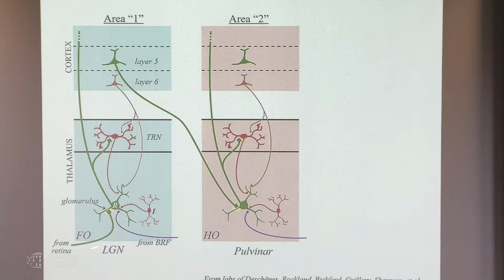Another way of looking at it is the first-order relays get their information from subcortical sources, from retina, from the medial lemniscus if it's somatosensory, from inferior colliculus if it's auditory, whereas the higher-order relay gets its driving input not from a subcortical source, but from layer 5 of cortex.